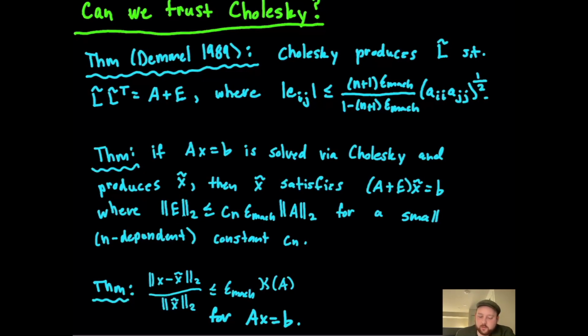So the first one is this theorem by Demmel in 1989. What this theorem says is that the Cholesky method will produce some computed L tilde, such that when I multiply out the Cholesky factors, that is L tilde times L tilde transpose, I'm going to get the thing I want, A, plus some error matrix. And the elements of this error matrix have to satisfy this error bound, right?